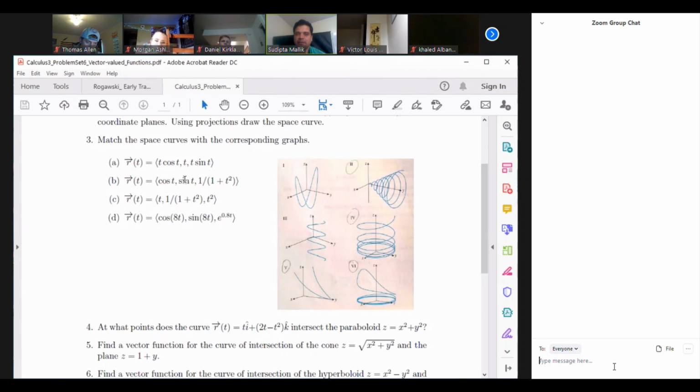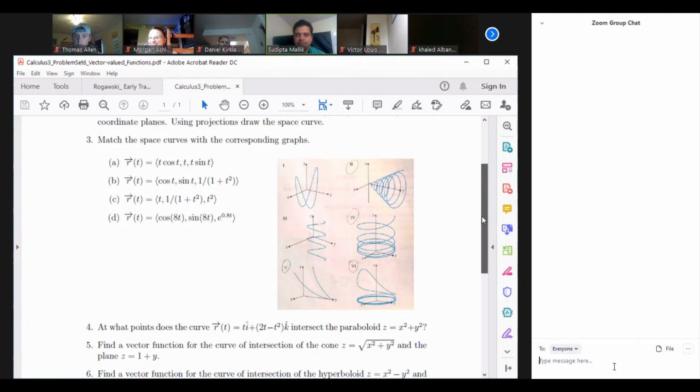That means x squared plus y squared is 1, right? That means its projection on the xy plane is a circle, whatever that curve is. So that will eliminate a lot of possibilities from these choices. That's how you identify the curve from the equation.